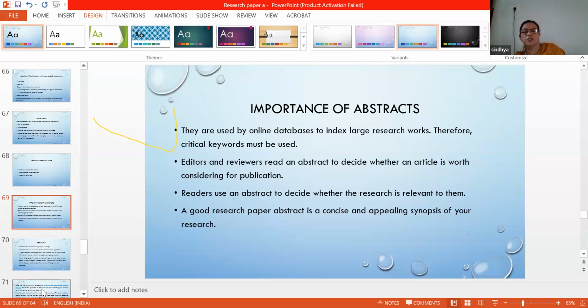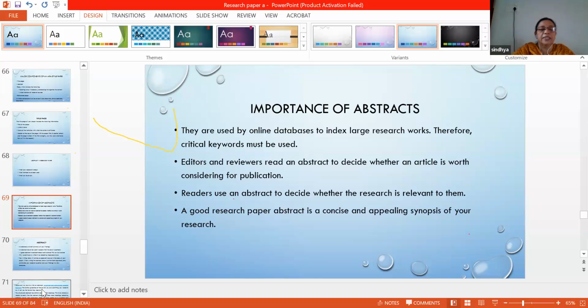So the preparation of the abstract is important. The abstract decides whether the article has wide reach, and whether an accepted journal will accept our research for publication.